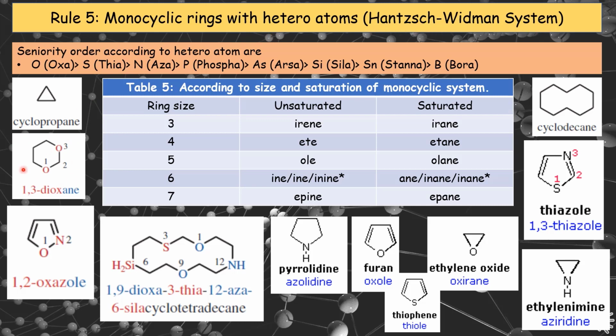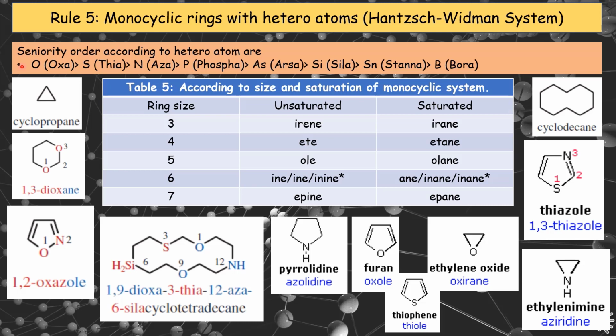Here I have given the seniority order of the heteroatoms present. According to the seniority order, we have to give the name of the compound, and we also have to consider the size and saturation of the monocyclic ring.